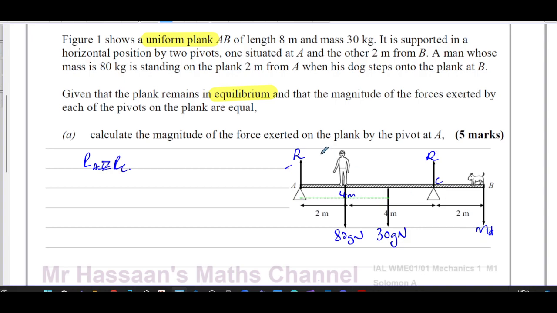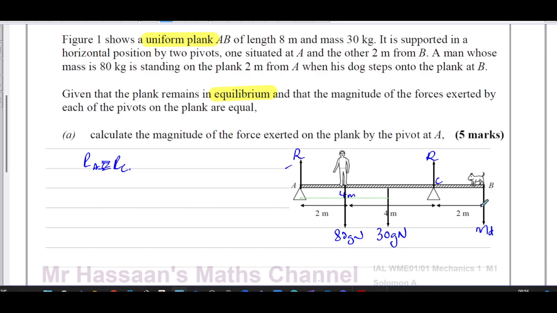It's unknown. We'll have two unknowns, R and the mass of the dog, right? If I take moments about anywhere, I'll have two unknowns, R and the mass of the dog, unless I decide to take moments about B. If I take moments about B, the turning force about B will be 0, because the distance of the force from B is 0, right?